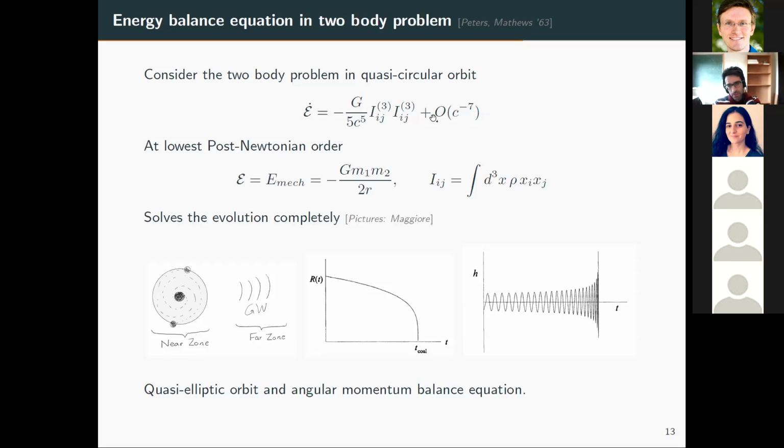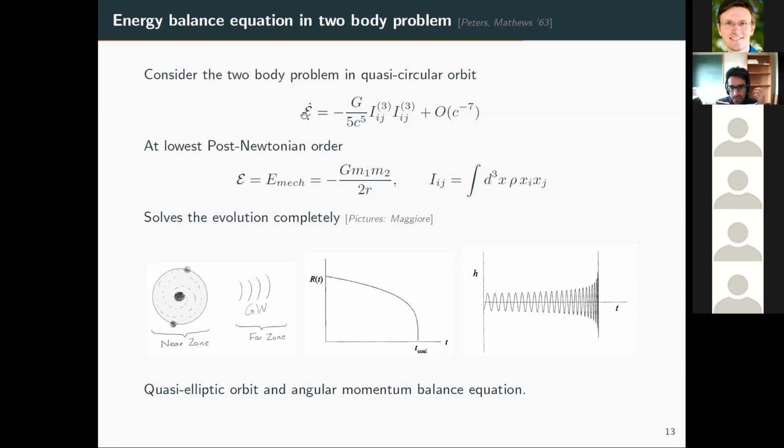This is what I showed you before. And then the next point is to relate the BMS charge, which in this case is the energy, to the source. And I do this in a very intuitive way. So I take the energy to be the mechanical energy of the system, composed of the kinetic and potential energies, and it's given by this Newtonian expression.